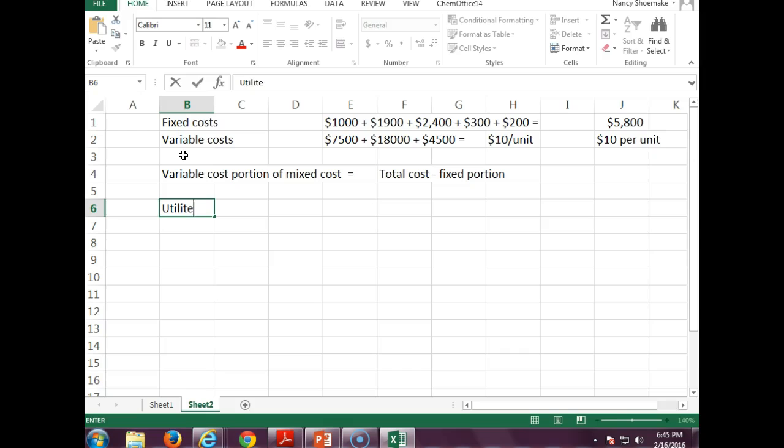So our utilities cost how much? $2,100. And what was the fixed portion they told us? $300. So the remaining is what? $1,800 divided by 3,000 units is what? $0.60 per unit.